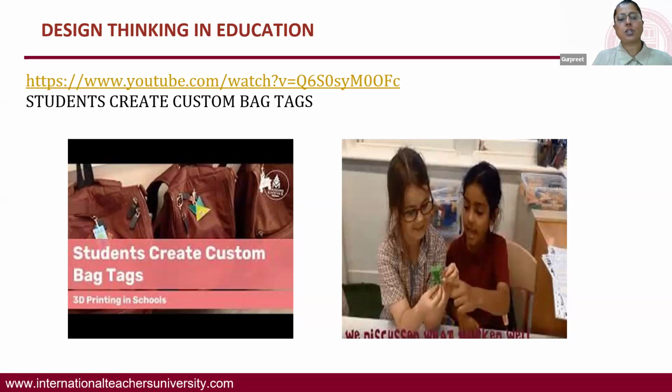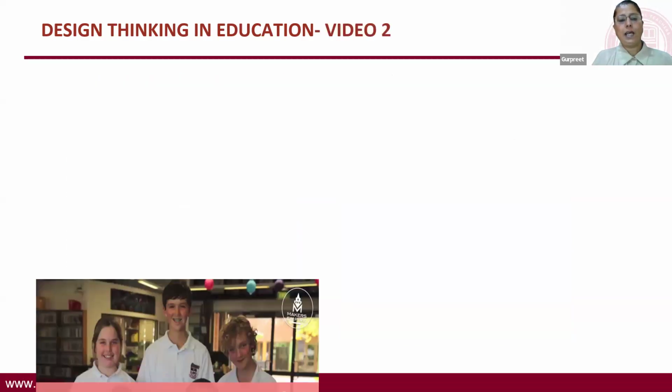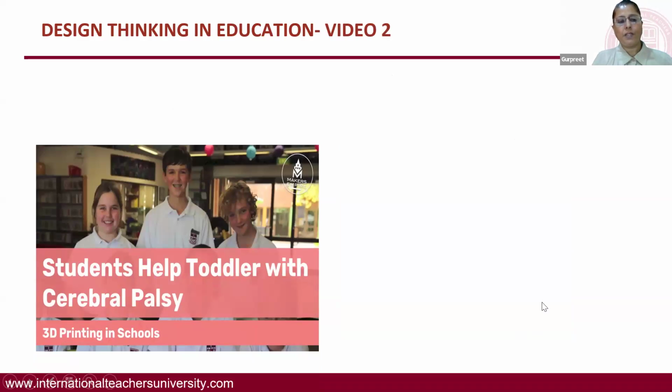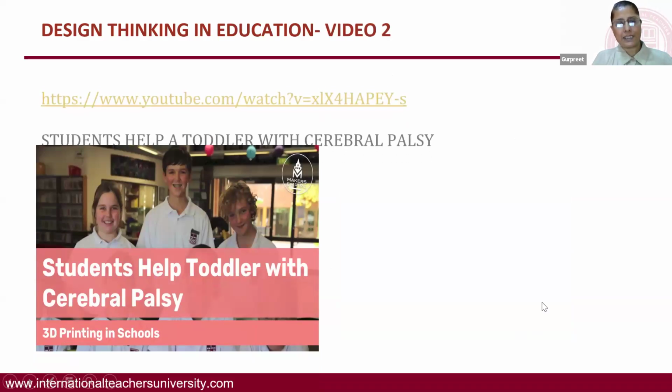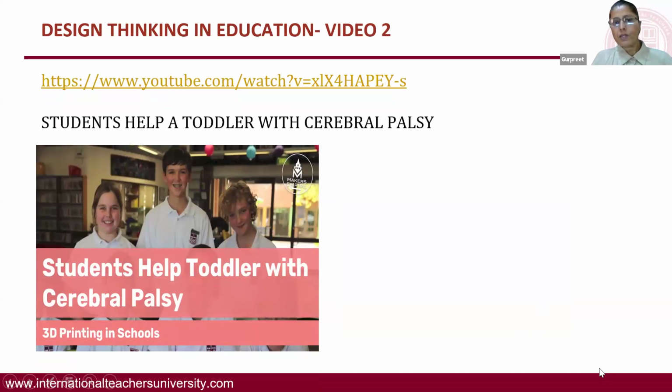So one such example is this. And the second example is of students helping a toddler with cerebral palsy. Cerebral palsy is a disease where a child is born with improper development of limbs and there is some problem in the brain. Here the children work upon a solution for how to help a child walk with the help of artificial limbs.